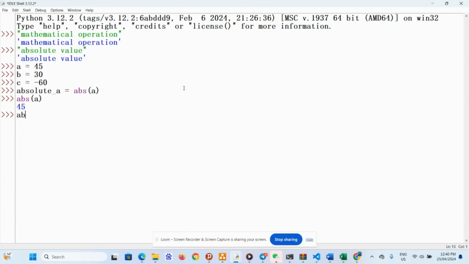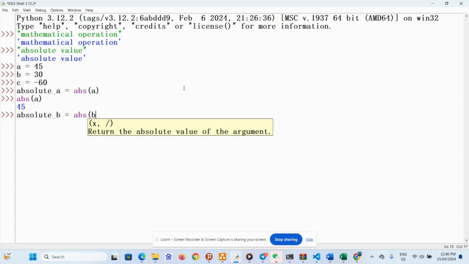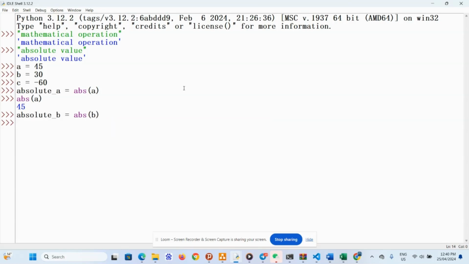We look for absolute of B. It is equal to ABS of B. Enter.